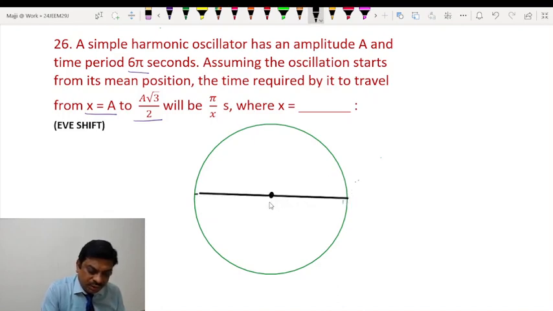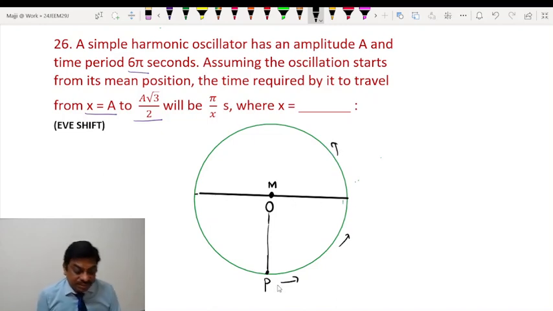This is the midpoint, that is the mean position, and when the particle M is undergoing SHM, P is the reference particle. It rotates in the anti-clockwise sense with a constant angular speed equal to omega, where omega is the angular frequency of the SHM.